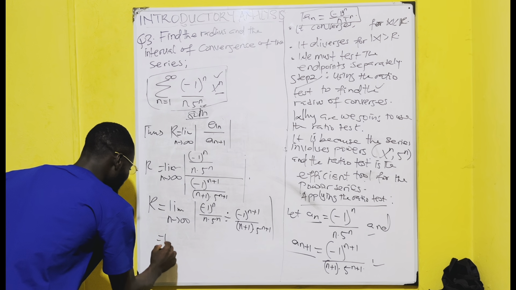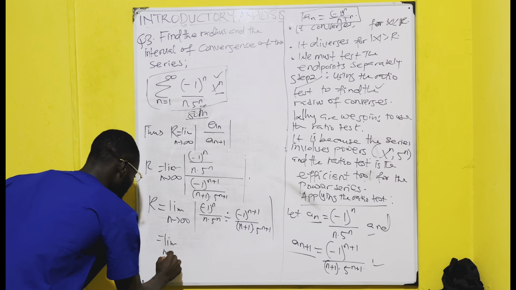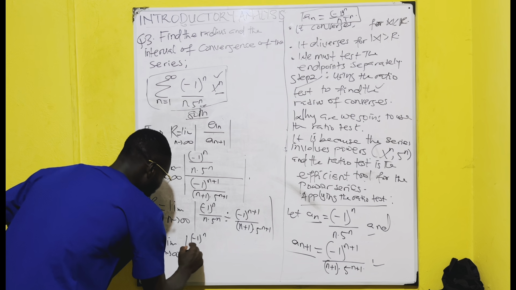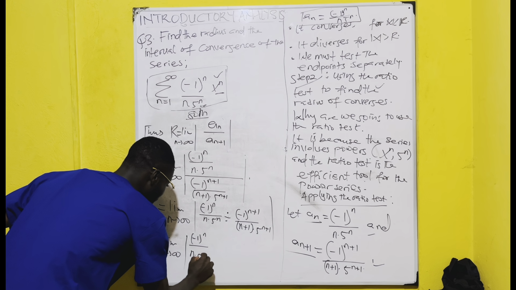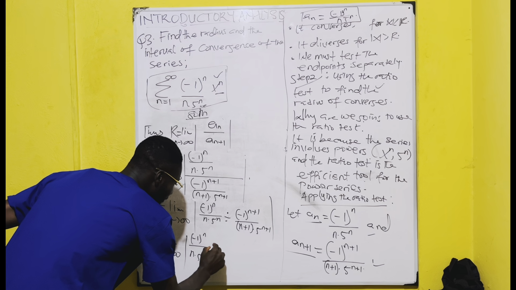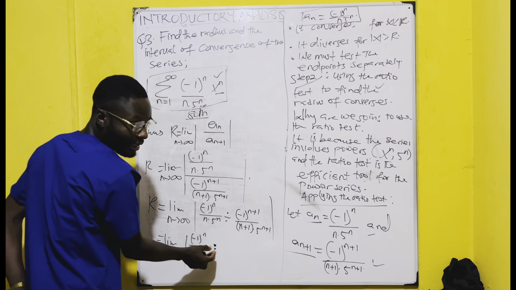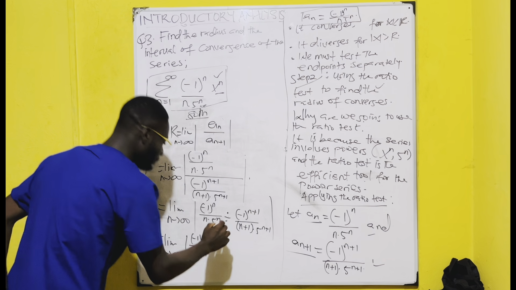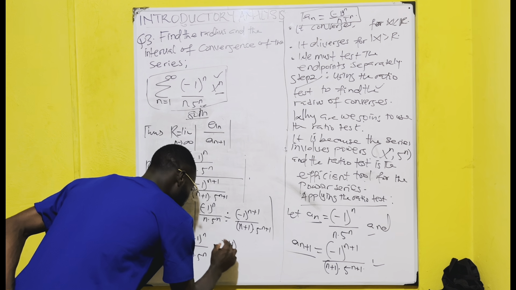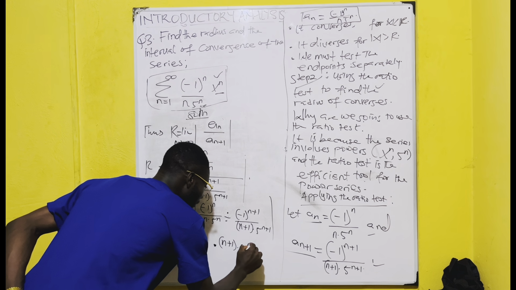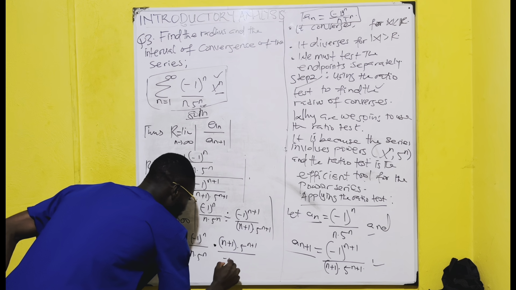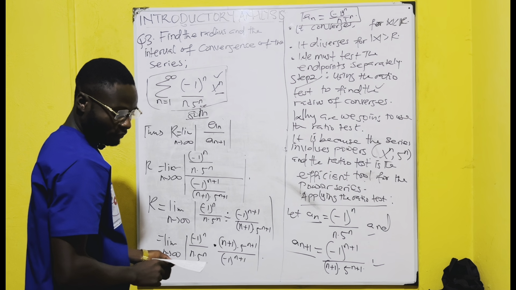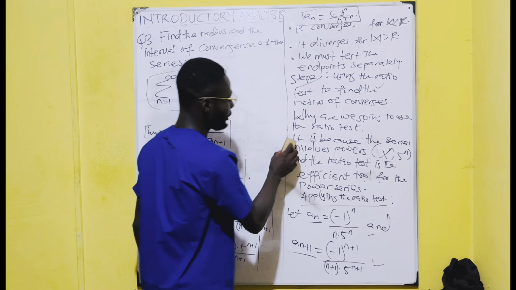This will give us the limit as n approaches infinity of (negative 1)^n divided by n times 5^n, times, I'm using dot as a multiplication sign, so this will go up and this will come down. So we have n+1 divided by (negative 1)^(n+1). Right, so we proceed up here.